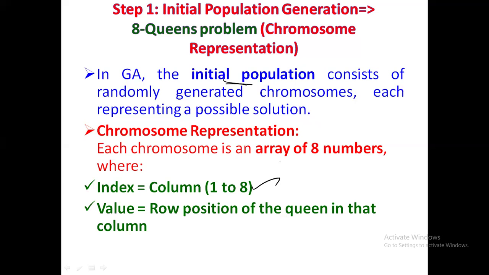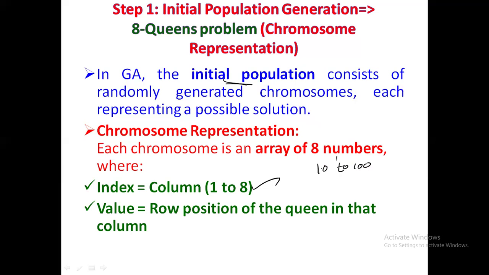A typical population size can range from 10 to 100 chromosomes, depending on computational power and convergence requirements. A large population increases the diversity of solutions but requires more computational effort.